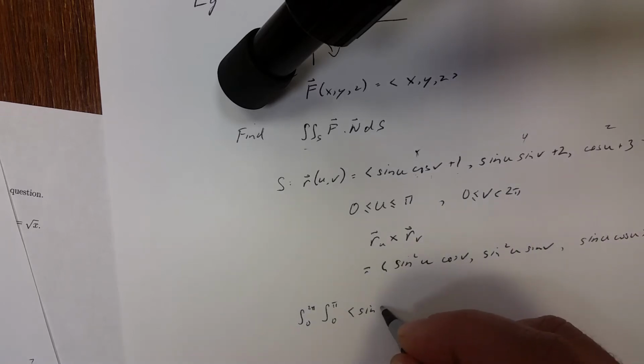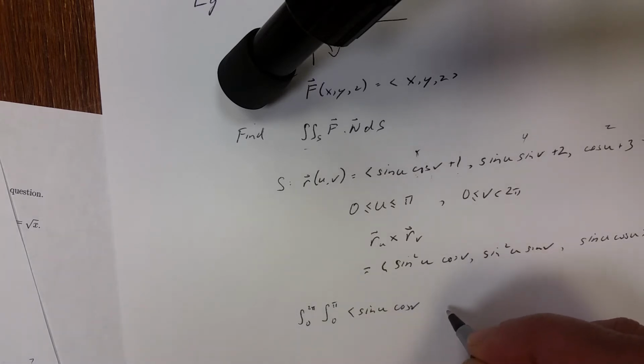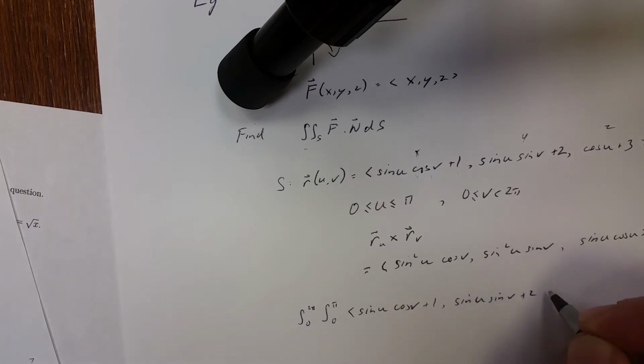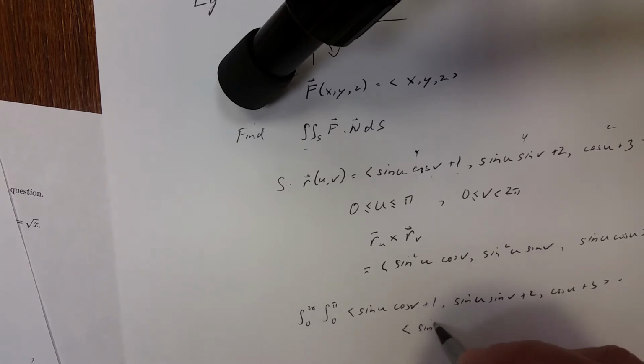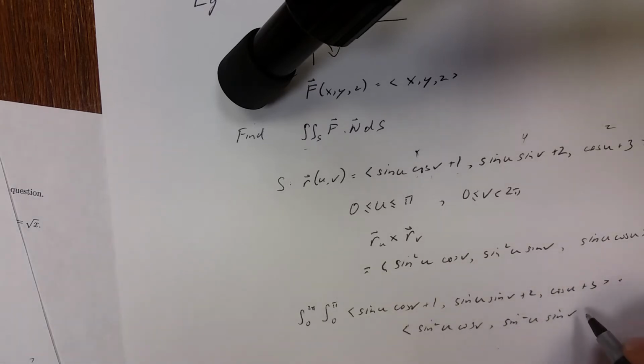So sine u cos v plus 1, sine u sine v plus 2, cos u plus 3, and we'll take the dot product of that with this, sine squared u cos v, sine squared u sine v, sine u cos u, du dv. That would take quite a bit of work, but we could do it.